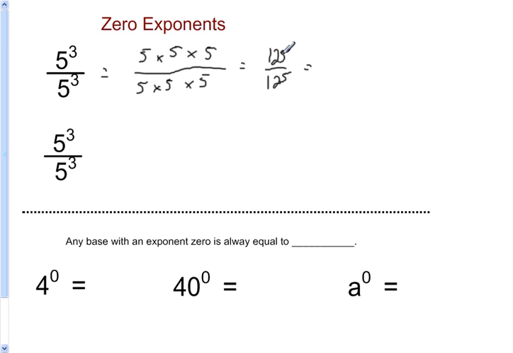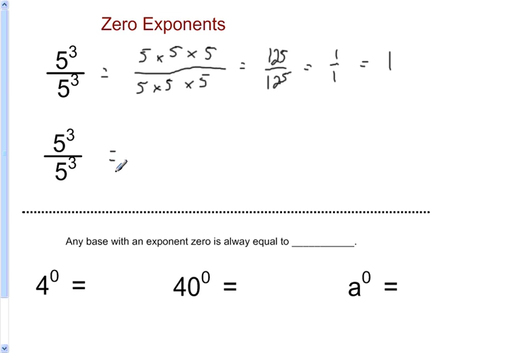And if you remember from fractions, if the numerator and denominator are the same, we can divide both by 125 and we would get 1 over 1, which is just 1. So 5 to the 3 divided by 5 to the 3 is just equal to 1.